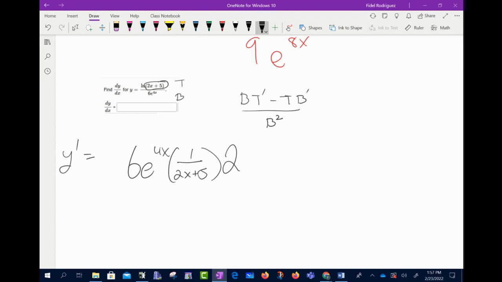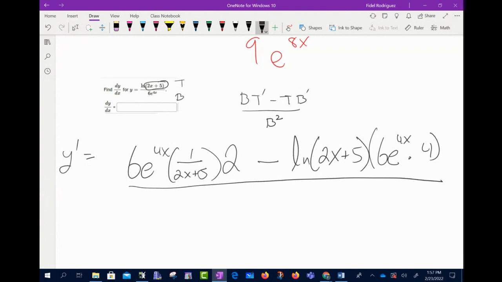Good. Okay. Minus the top function. Well, the top function is the natural log of 2x plus 5 times the derivative of the bottom. So the derivative of the bottom, y'all, is going to stay 6e to the 4x times, now I got to do the derivative of my exponent. What's the derivative of 4x? Good. All over the bottom function being squared. Anybody know what the bottom function squared would be?